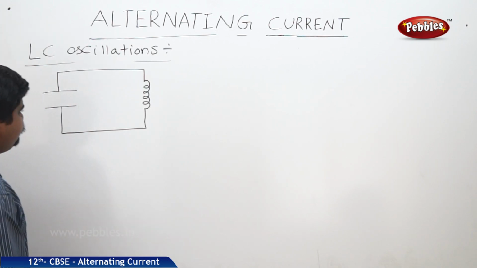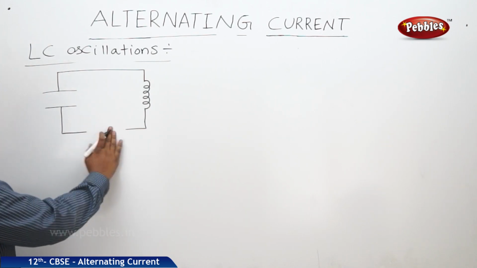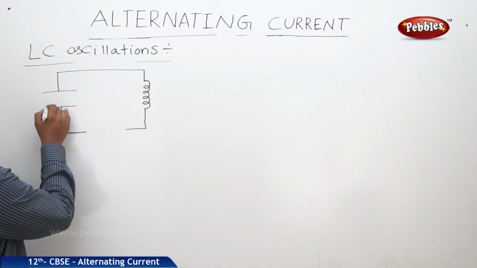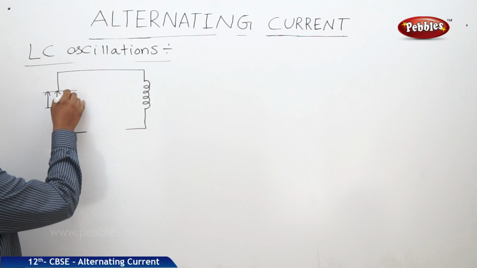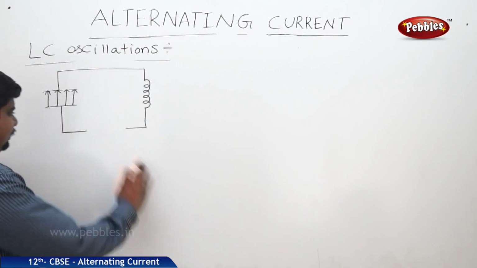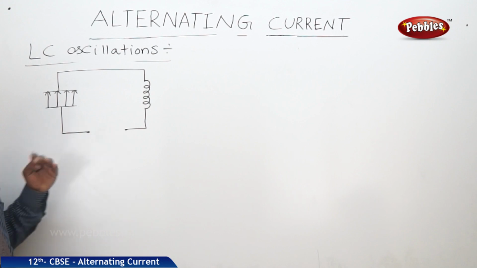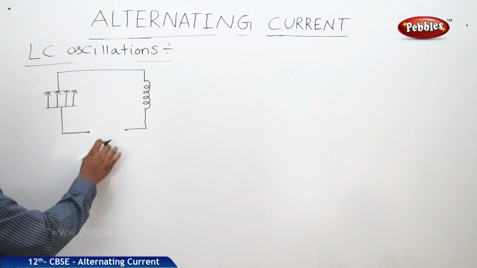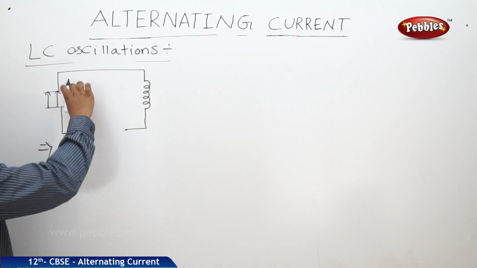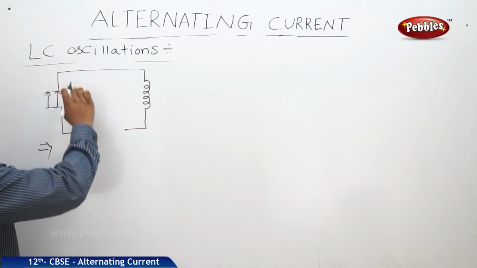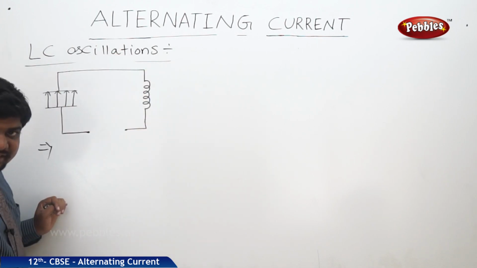Now we will see, whenever the switch is open, the capacitor starts to charge itself. In this case, the total energy of the circuit is simply the energy stored in the capacitor, because only if charge is transferred to the inductor will some magnetic energy be created inside the inductor.